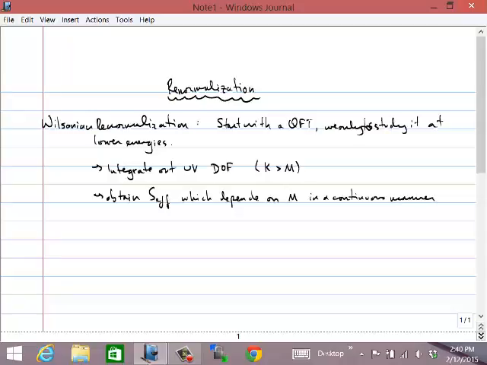And so we can think of the process by which we integrate out these ultraviolet degrees of freedom as giving us a flow on the space of couplings, usually known as a renormalization group flow.